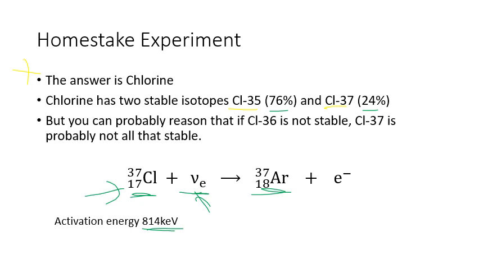It's a bit like radon as one of the decay products of uranium. The radon escapes because it's an unreactive gas. The uranium is part of the rock, the radon isn't. Anyway, I digress. So if we have enough chlorine, 24% of that chlorine is going to be chlorine-37. There's a lot of neutrinos going through that chlorine. Some of those neutrinos are going to form argon.